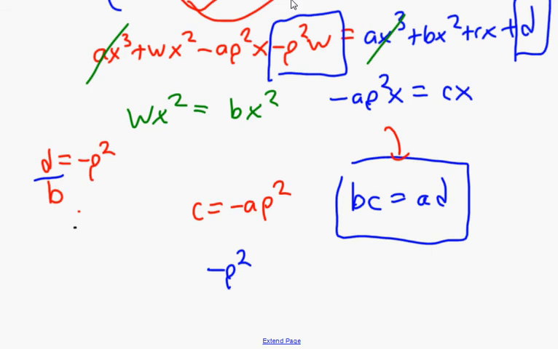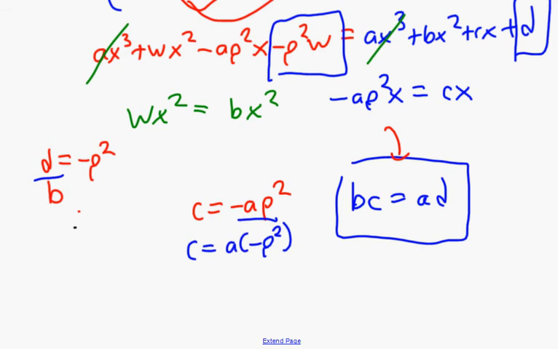Look, do the same thing for this one. This is technically C equals A times minus P squared. Are they the same thing? Is minus AP squared the same thing as A multiplied by minus P squared? Can you tell me, are they different? Okay, now see that A we just wrote down a second ago?